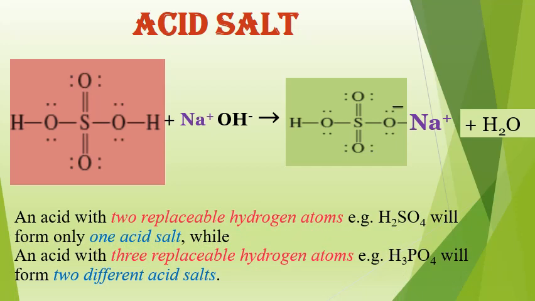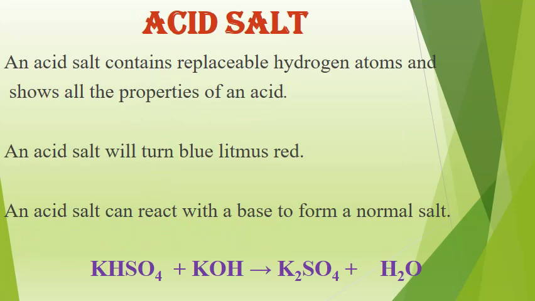If an acid has 2 replaceable hydrogen atoms, you will end up getting 1 acid salt. If an acid has 3 replaceable hydrogen atoms, you will get 2 different acid salts. An acid salt contains replaceable hydrogen atoms, and hence it will show all the properties of an acid. An acid salt will turn blue litmus red.